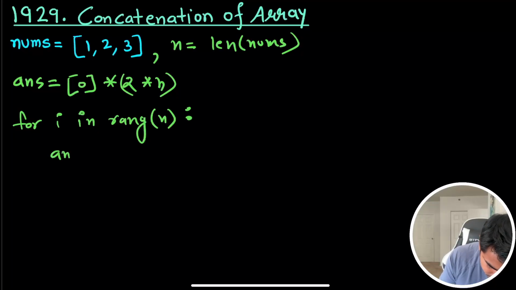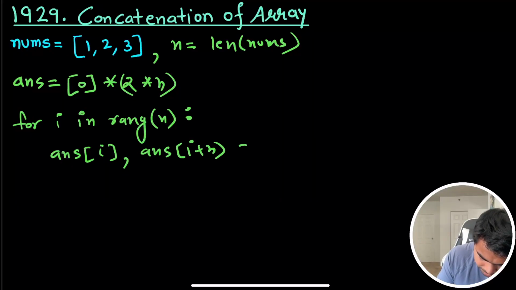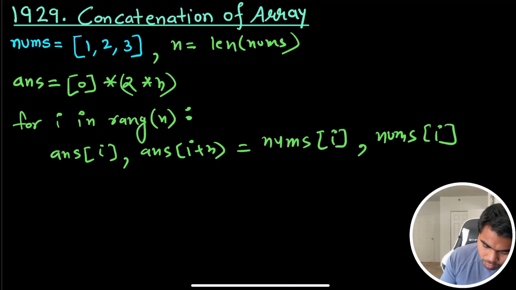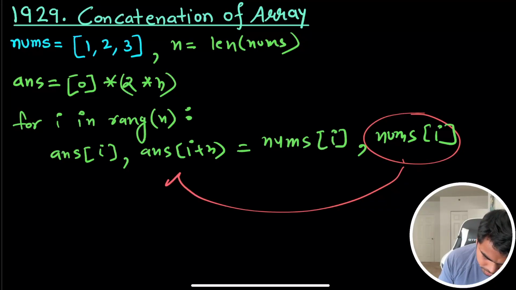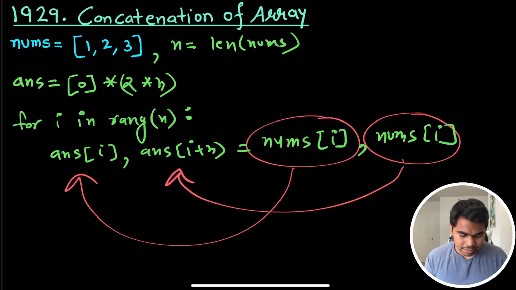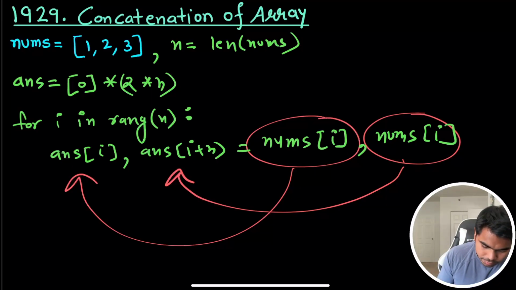So what we'll do is we'll store values at the ith position, and at answer i plus n. So this will be the same value. So nums at i will go to answer i, and also to answer i plus n. So this is another way of doing it. And then you can just return answer.